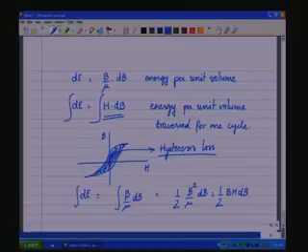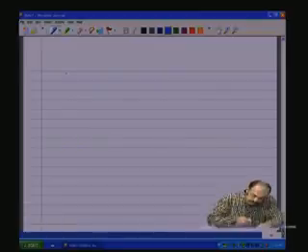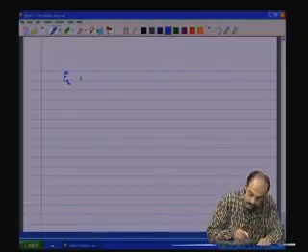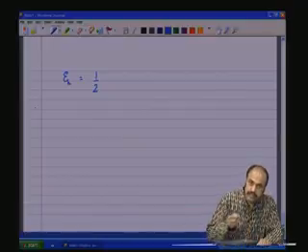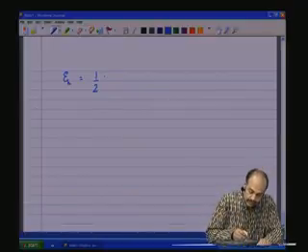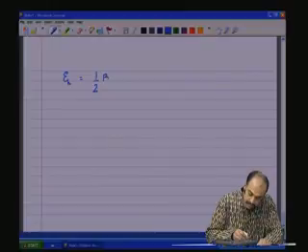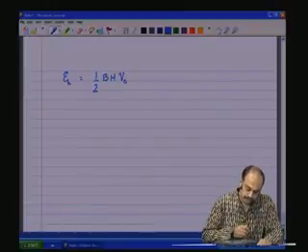Sorry, after integrating, half BH. Now, the hysteresis energy including core volume is given by half BH into Vc, because that was energy per unit volume. This is half BH into Vc, the core volume.